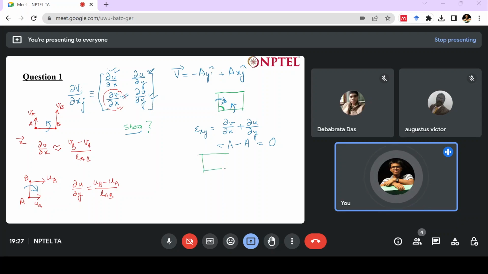What do I mean by this? Let's say we again have this rectangle, and we try to analyze if it is rotational. What does that mean? That means this is having this rotation, and if I sum this up with the opposite effect, which I talked about last time, the del u del y, this will give me a measure of the rotation.